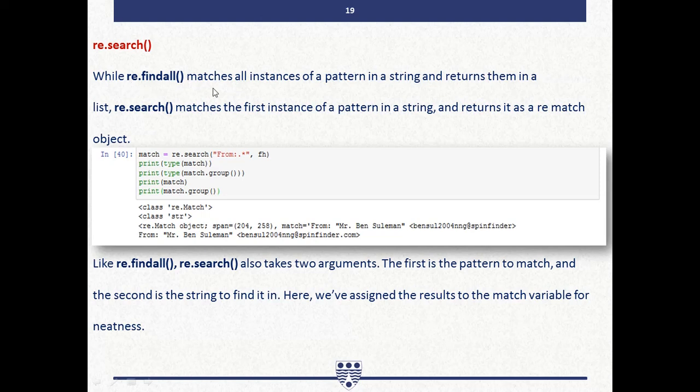So we use find all to iterate through our corpus and extract useful information, whereas the search function simply matches the first instance of the pattern in the string.